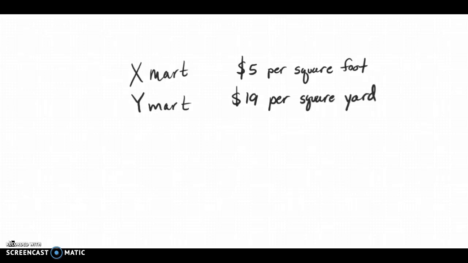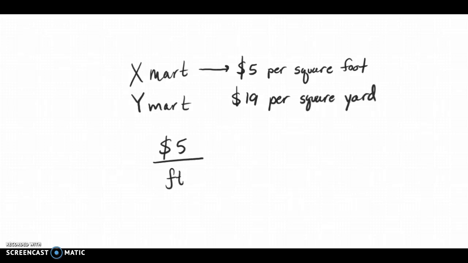So in order to do this type of problem, what we have to do is convert them both to the same units. And we don't have the same units here. So we need to compare. We either want them both in square feet or both in square yards. So you could go either way. What I'm going to do is say, well, Xmart is $5 per square foot.